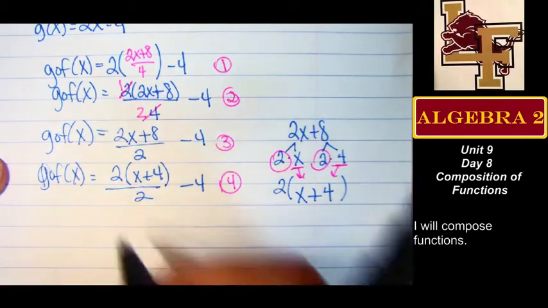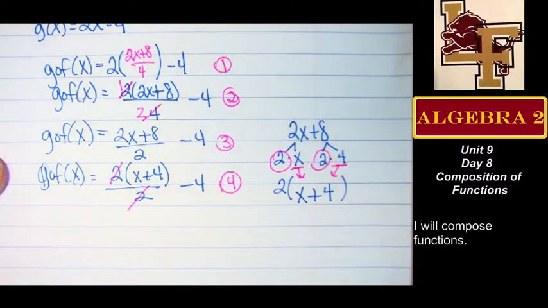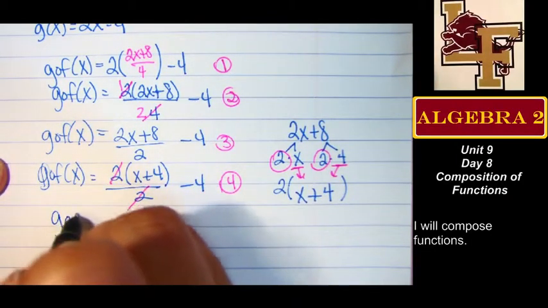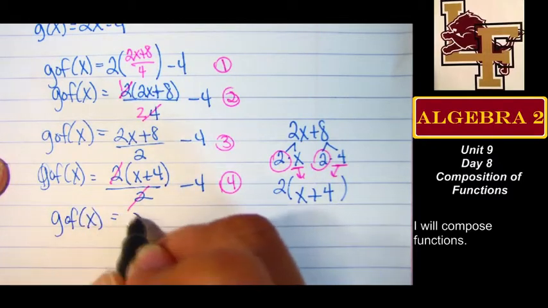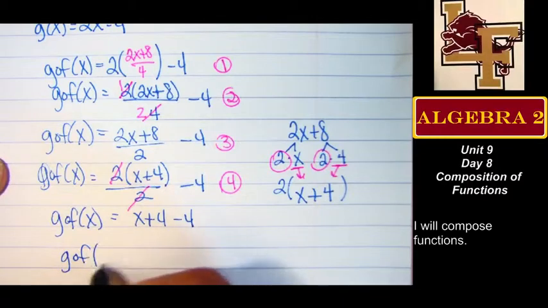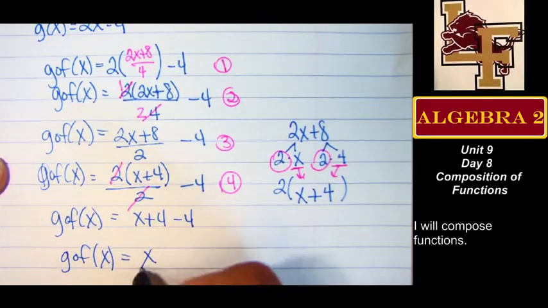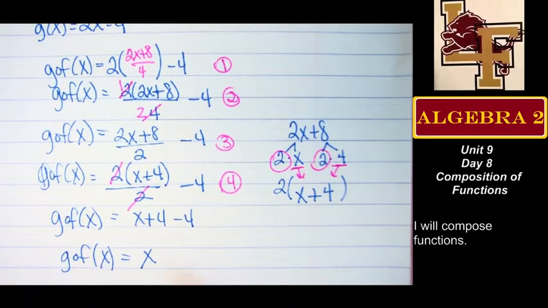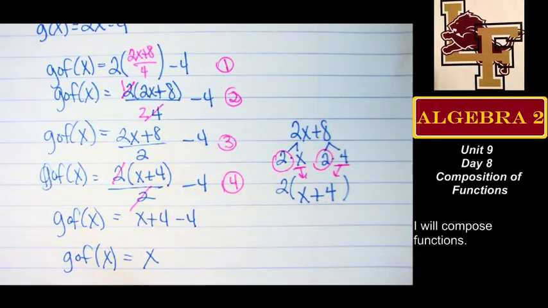And I factored that top piece because now I have 2 over 2, which can cancel. And now those 4's cancel. And I have equals x.